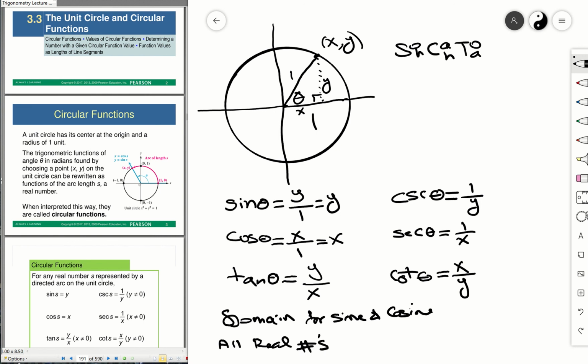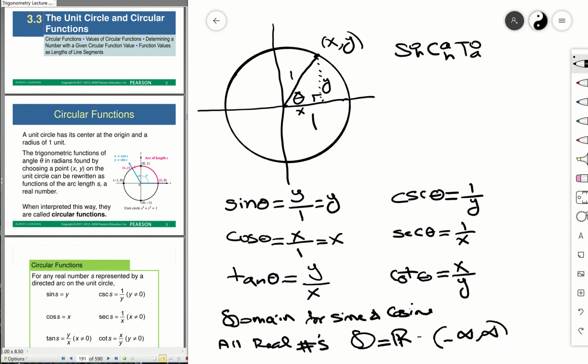So the formal way of writing that is we write the script D and we say that's just equal to R. Or we can write it as an interval, so we can say negative infinity to infinity.